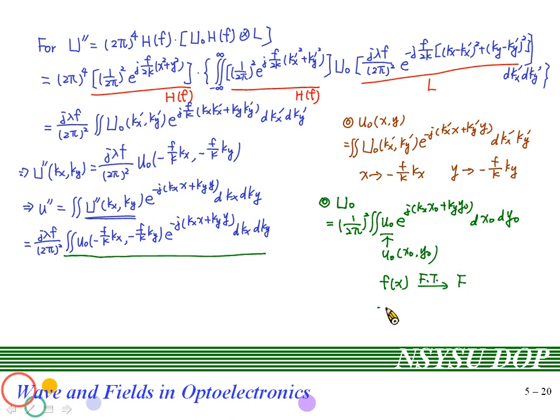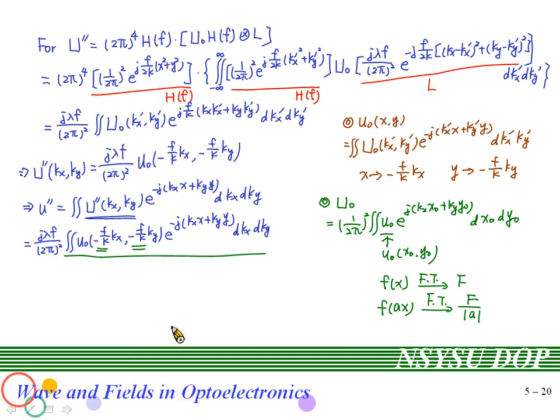And then if we have a f of ax function, the corresponding Fourier transform will become capital F over the absolute value of A. So according to these properties of the Fourier transform, let's find out the result here. Compare these two, you will see that you only have a vector difference shown here.